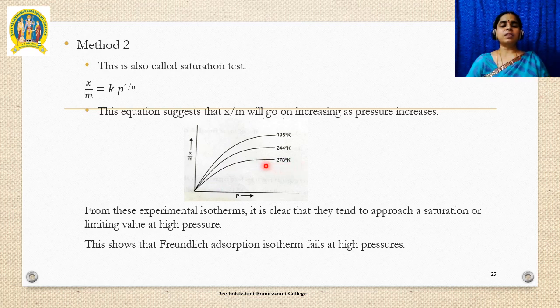That point is called the saturation point, which infers that at high pressure adsorption doesn't occur. The explanation for this saturation point cannot be given by the Freundlich adsorption isotherm, which infers that the isotherm fails at high pressure.